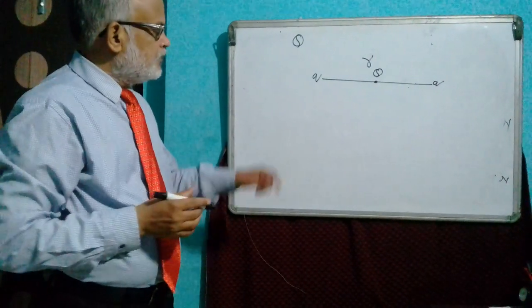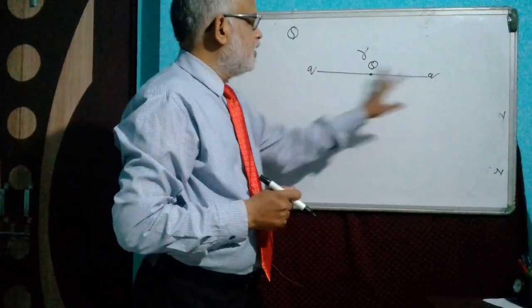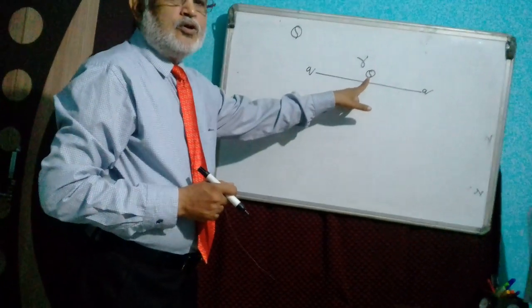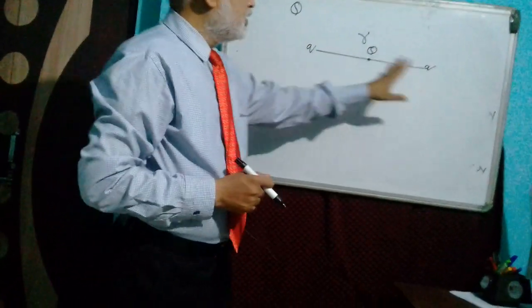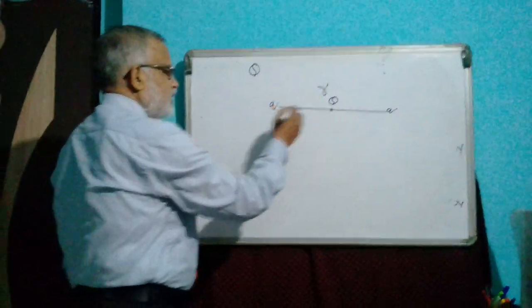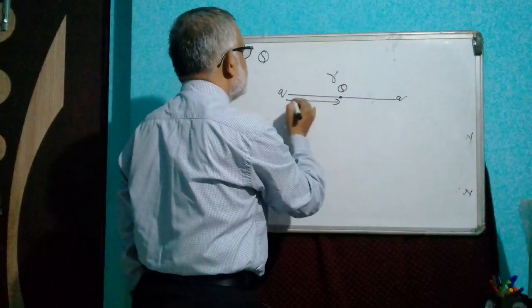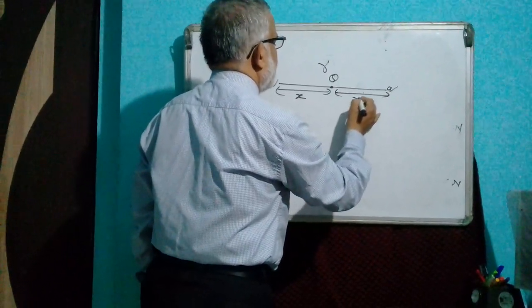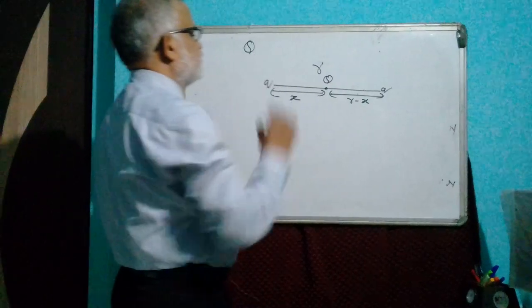That means two charges Q are placed here. What is the position of q such that all the charges are in equilibrium? Let it be at distance x, then the other distance is r minus x.